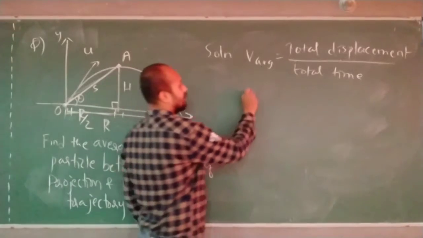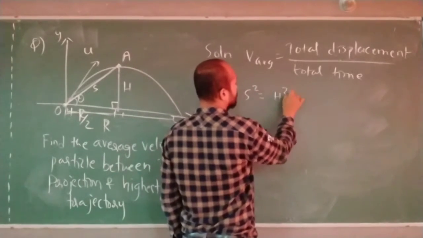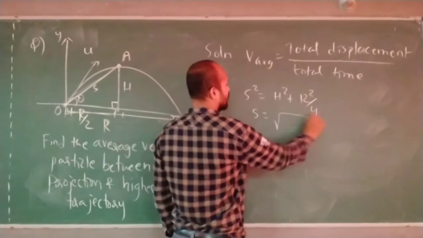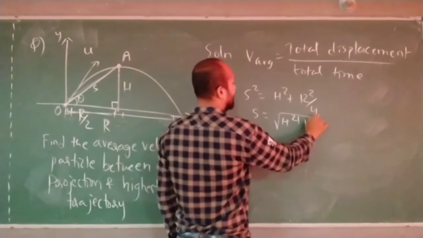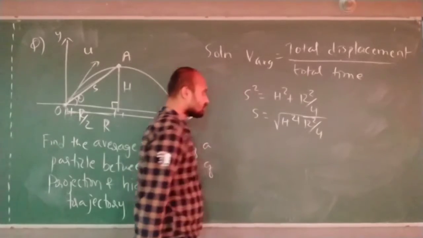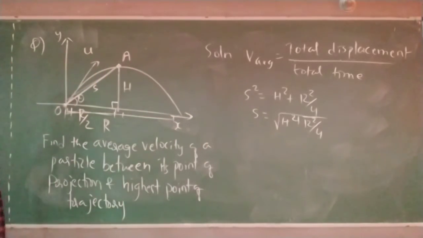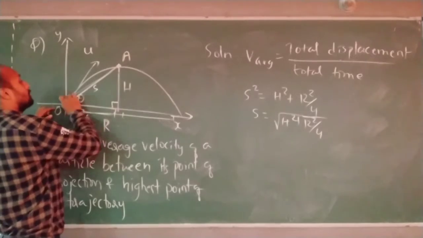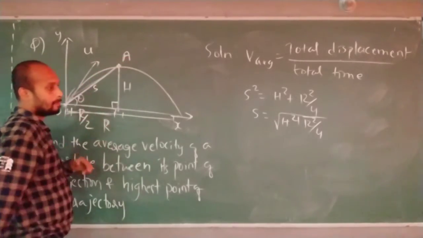So you can write S square is equal to H square plus R square by 4, or S is equal to root of H square plus R square by 4. Are you understanding? Correct? This is the formula for displacement.